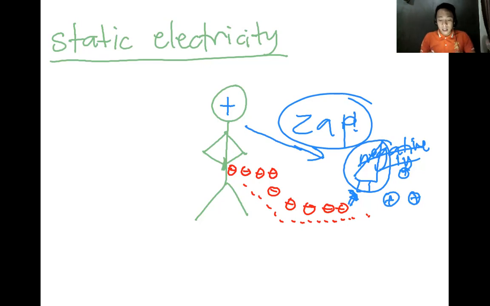And since it came out of you, it releases. Okay? Galing siya sa'yo, and then you will become positively charged. And if you touch this one, it will create a zap. And that is what we call static electricity. That is the effect, right, of imbalanced charges. That is static electricity. Now, let's continue our discussion.